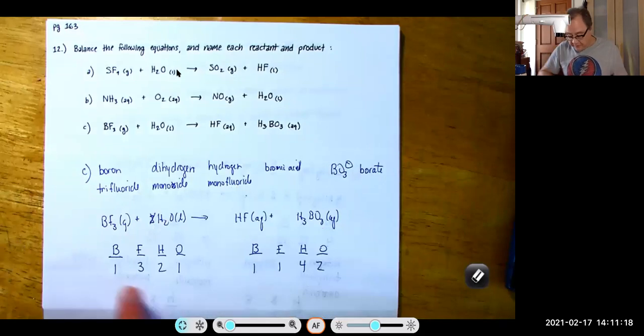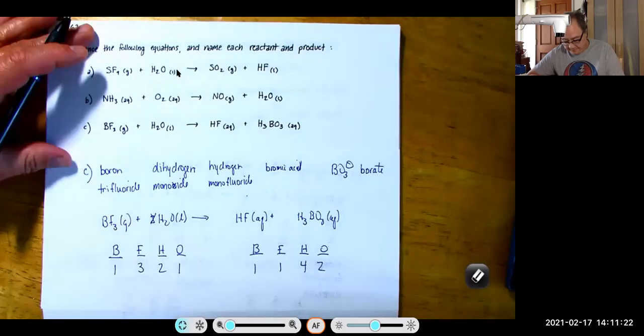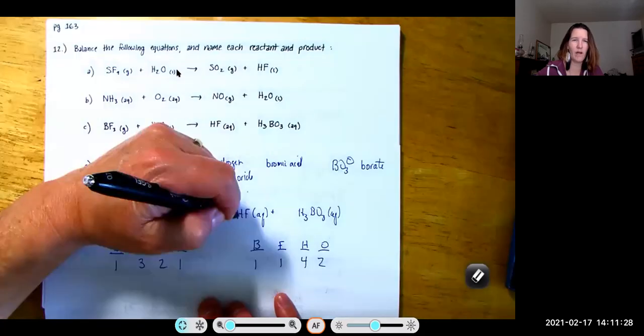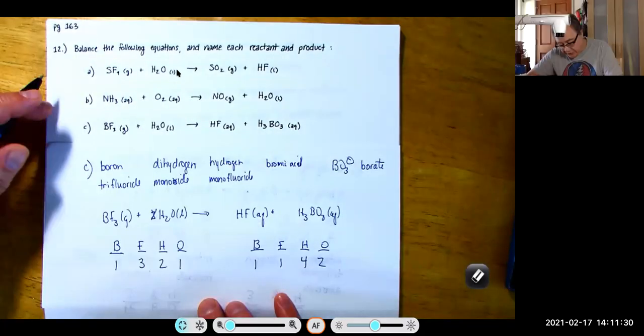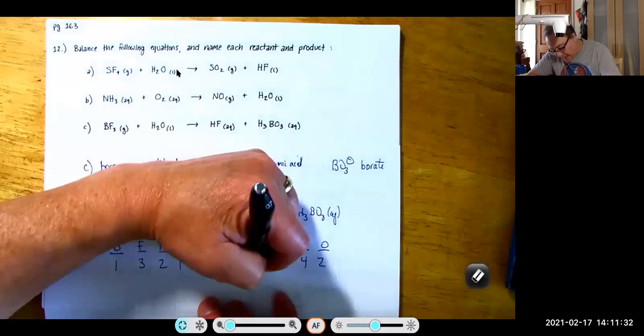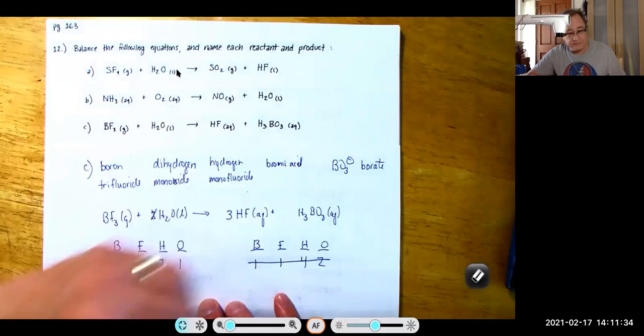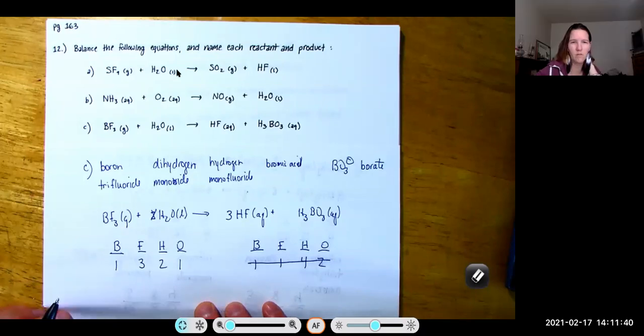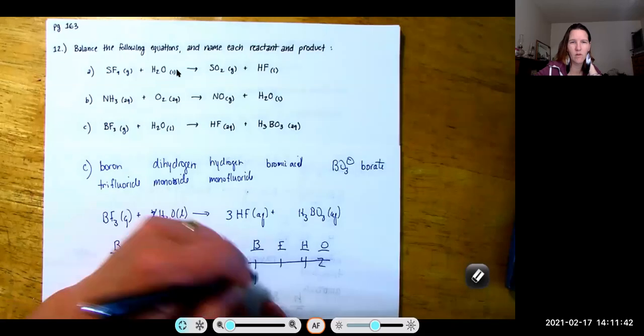Okay, so I usually start on the left. Borons are good. What do you want to do about fluorines? Multiply the 1 on the right by 3. Okay, so now I'm going to cross all of these out. How many borons? 1. How many fluorines? 3.